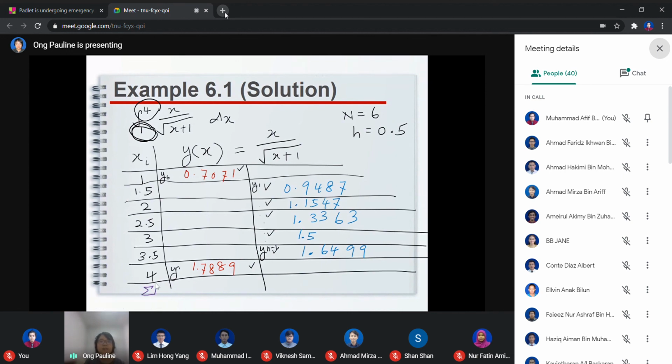Then I sum up the values in these two columns separately.